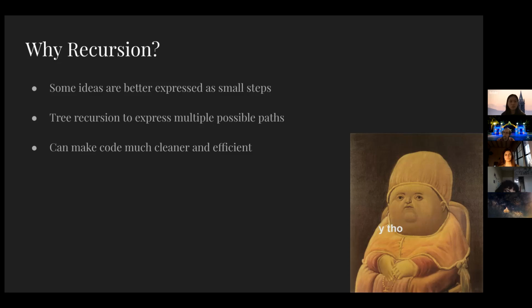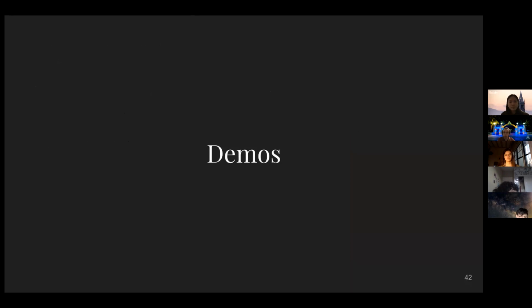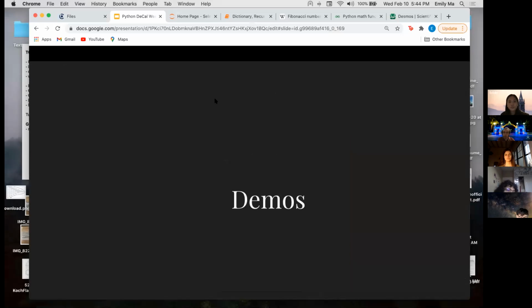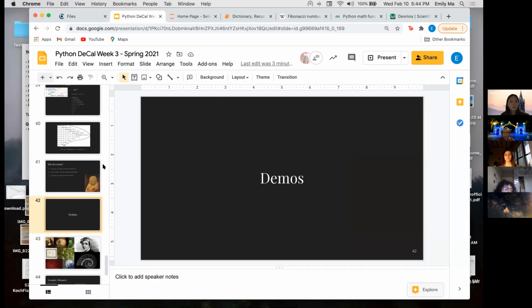In general, it can also make your code a lot cleaner and efficient because you only need a base case and a recursive case. You don't need to code every single step in between. Okay, now we can go through a bunch of examples and then it'll make a lot more sense.